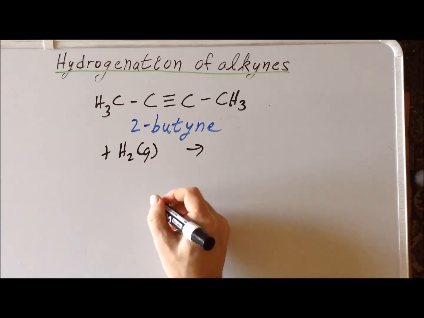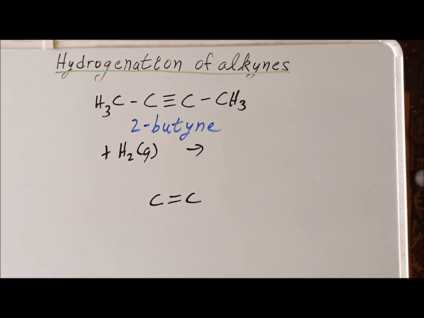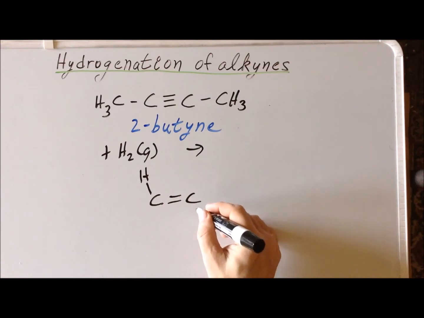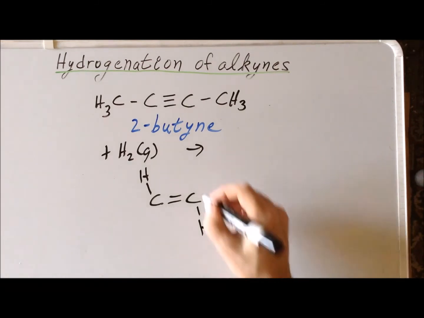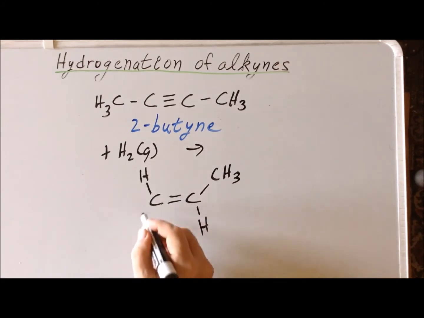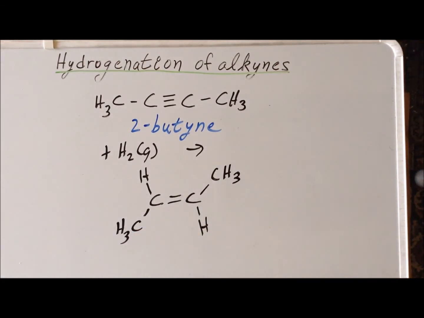Well, as we add to the carbon-carbon triple bond, its bond order is reduced down to a double bond, so we have a carbon-carbon double bond. The catalyst adds hydrogens to the opposite sides of the carbon-carbon double bond, so-called anti-addition. And then we have the rest of the carbon atoms follow along, and we see a difference here.